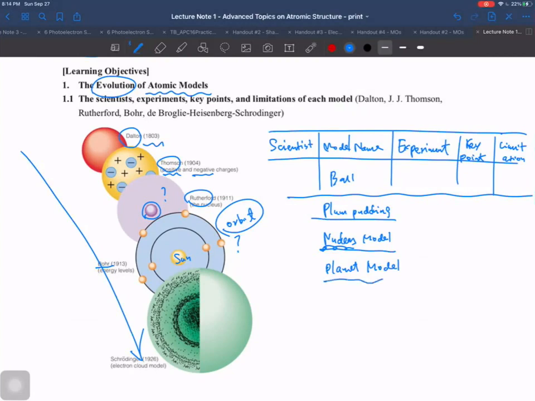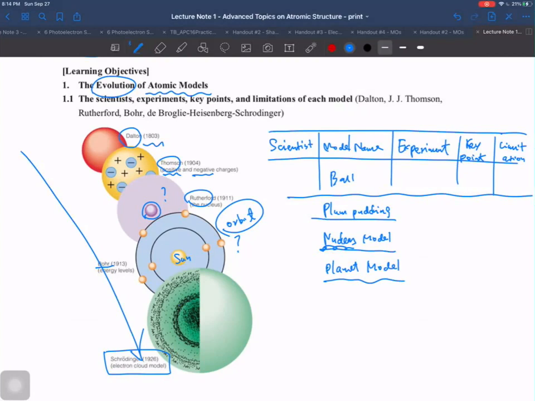And then the last one, and so far we think this one is the correct one. It describes some very complicated math, the Schrodinger equation. We call it the electron cloud model, or the quantum mechanics model. Obviously, we are not going to touch too much quantum mechanics, so electron cloud makes more sense to us.